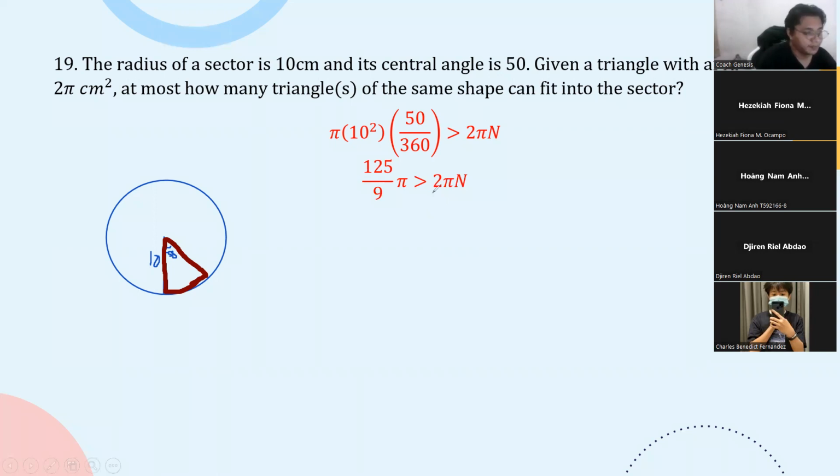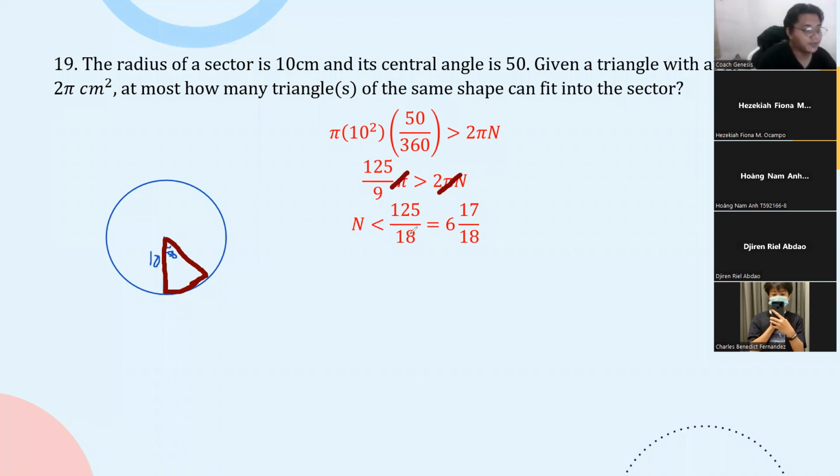Okay. So next, we divide both sides by 2 pi. That way you can actually divide out pi. And then you have 125 over 9 divided by 2.